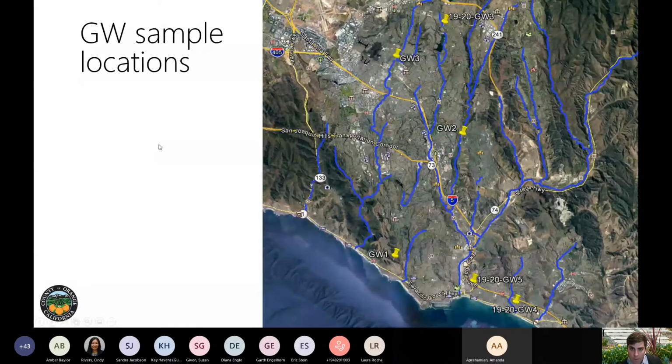One of the key elements of this is the question of how much of this water is coming from groundwater in the system versus through an overland flow pathway during dry weather. So I just wanted to spend a minute talking about the groundwater sample locations. These are not like alluvial groundwater extracted from a well in San Juan Creek.